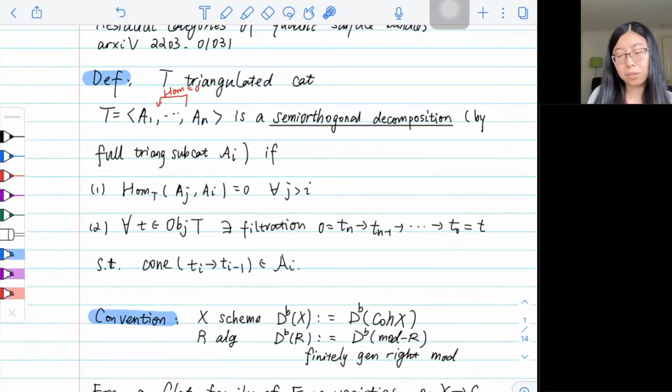So in a way, the semi-orthogonal decomposition is dividing this big triangulated category up into smaller, easier-to-study pieces.